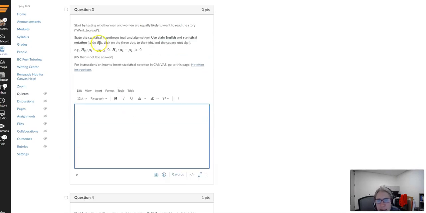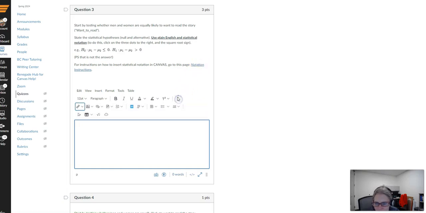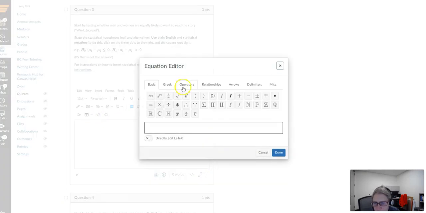Notice that it says state the statistical hypotheses using plain English and statistical notation. So for our example, the question was, would men and women differ in self-esteem? So it's going to be a two-tailed test. You could click on this and find instructions if you're on your own. Here I'm going to show you. First you click on this radical X sign.